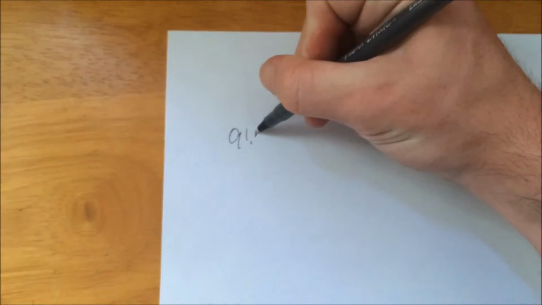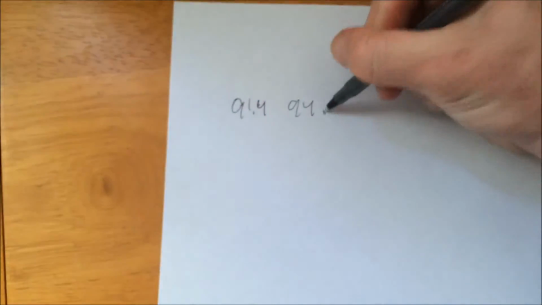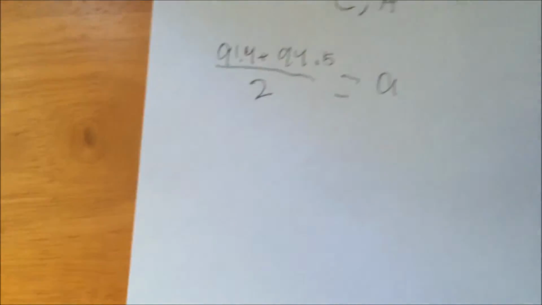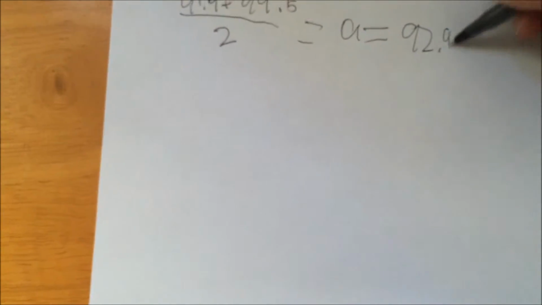So, our A value is the distance from the center to the side, and it is found by the average of 91.4 and 94.5. By taking the average of these two numbers, we find our A value, which equals 92.95.